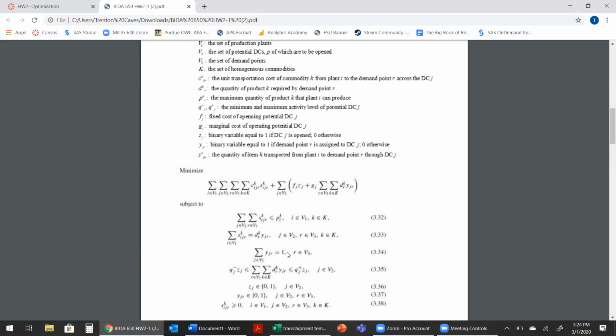It's that we need to open enough distribution centers that all of our demand points can be serviced. Does that help?